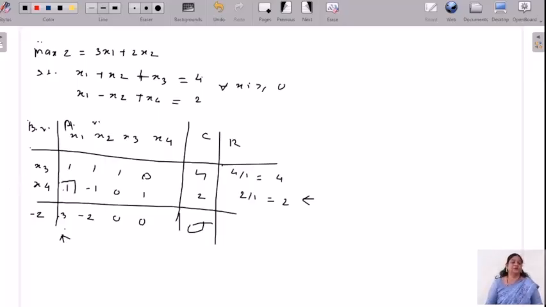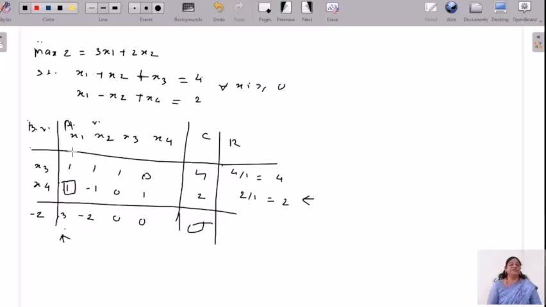This is your pivot element. Our next step is to make the pivot element a unity. This is already 1, therefore we don't need to do this step, and make the corresponding column elements equal to 0. First see the entry and exit variable.